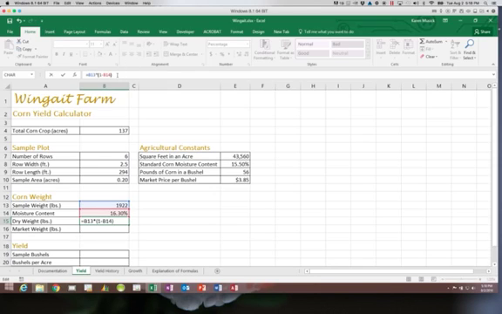What they do based on the order of operations is they force this subtraction to happen first, and then the answer from that is multiplied by B13. We do not want this to be formatted as a percentage.